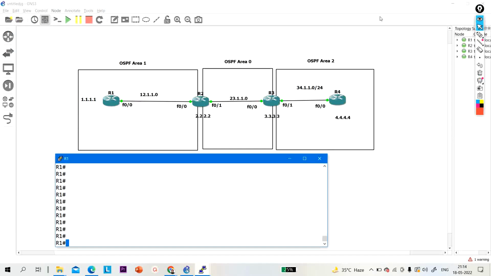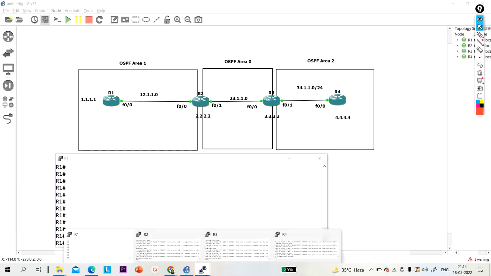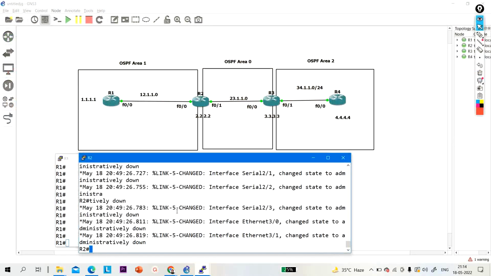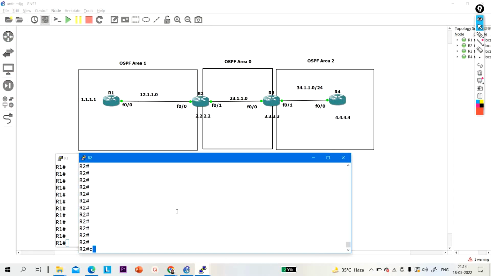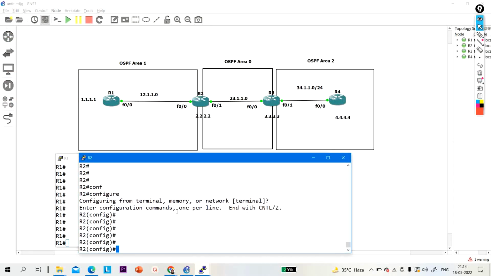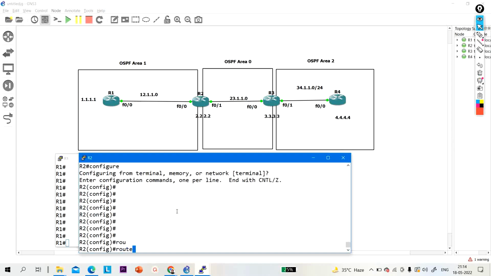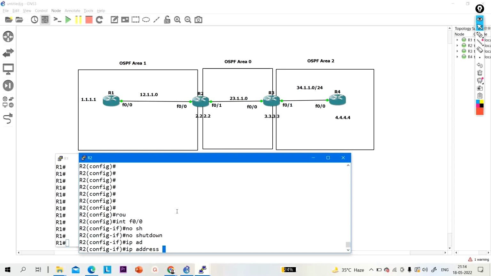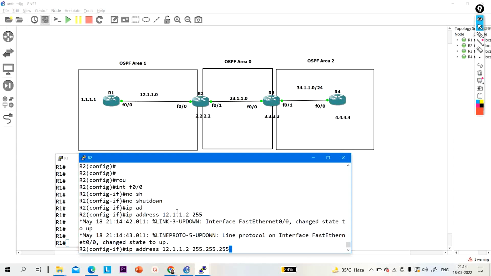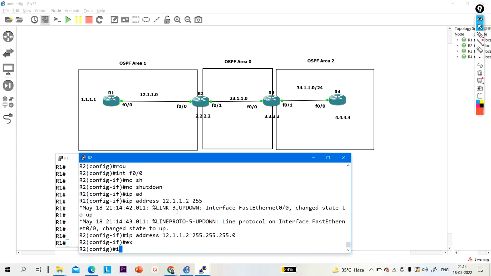Now go to R2. Now you tell me how I will configure OSPF on R2. What will be the command? Configure terminal. Tell me the command. Have you configured IP addresses? Interface FastEthernet 0/0, no shutdown, IP address 12.1.1.2 255.255.255.0.